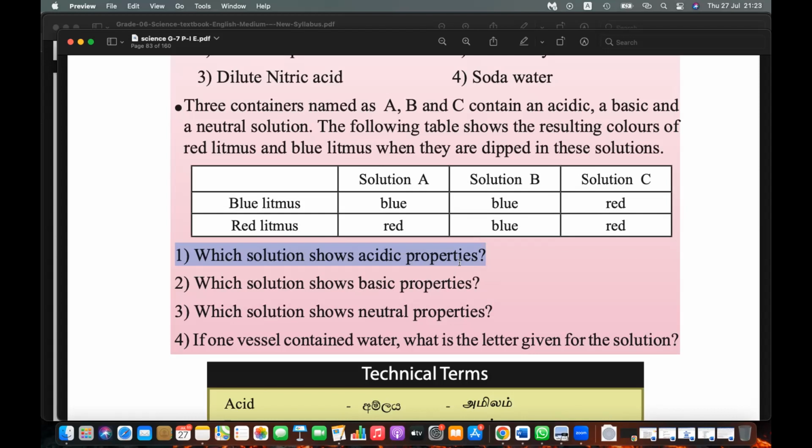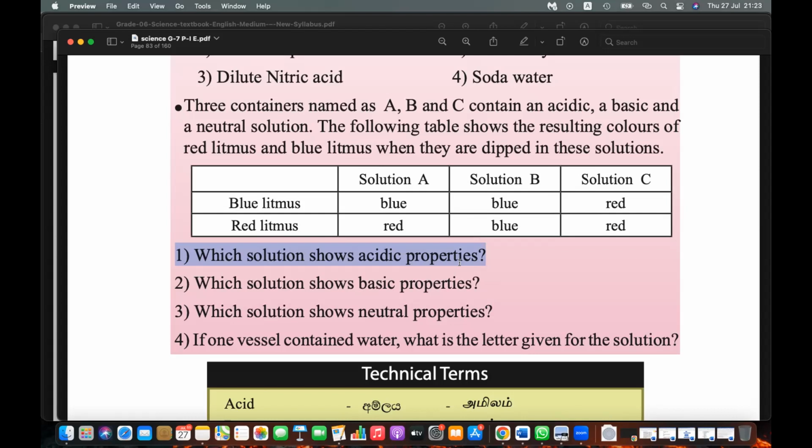Solution A. If one vessel contains water, what is the letter given for the solution?